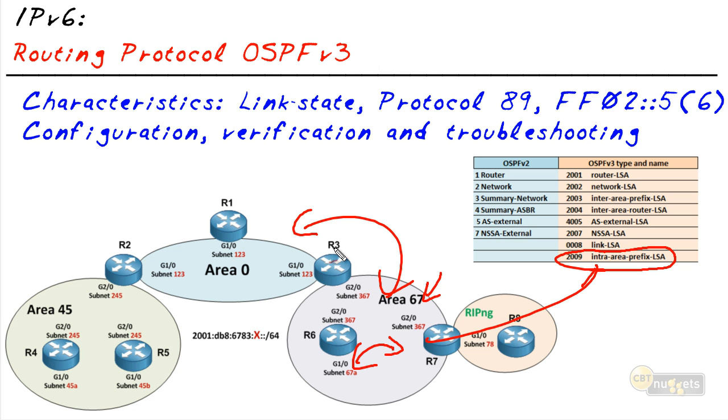Now, it just so happens R3 is also going to have a copy of a link state database for Area 0, and it's going to match the Area 0 link state database that R1 and R2 have. So every router is responsible for collecting and having an exact copy of the link state advertisements in the link state database as every other router in their respective area.